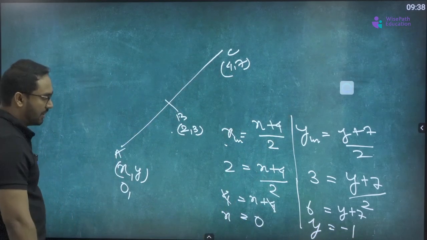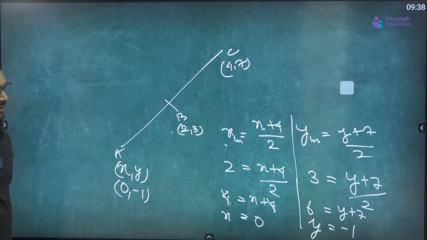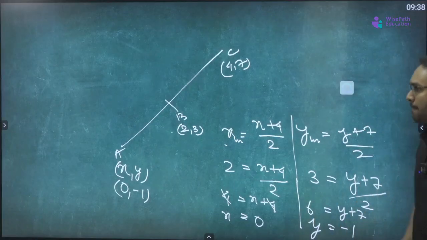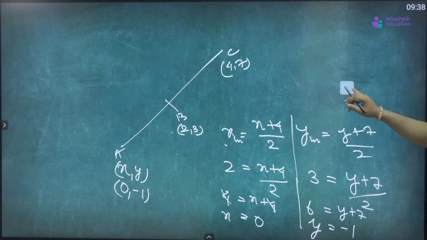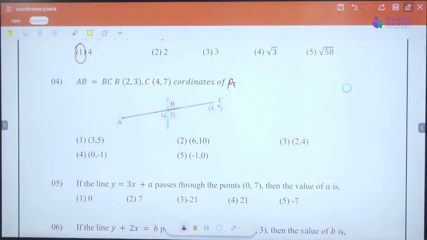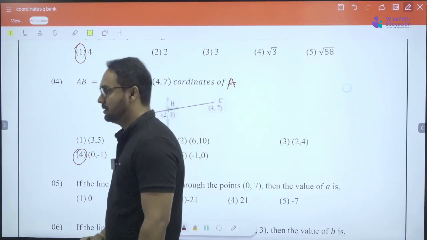So the coordinates of A should be 0, minus 1, right? So the answer is 4, 0, minus 1.